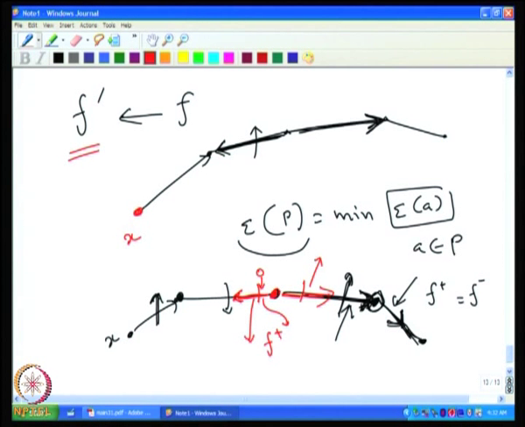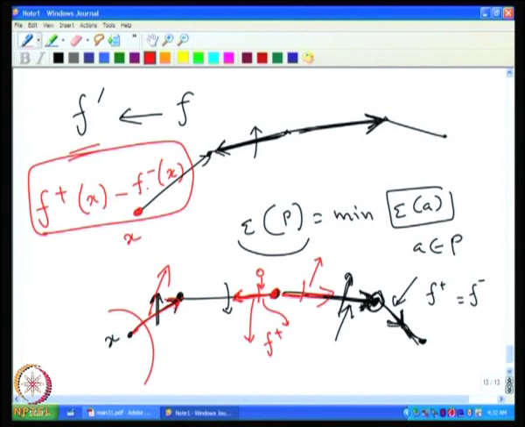Why is it so? Look at x. As far as this edge is concerned, it has got an increment if it is an outgoing edge. If it is an incoming edge, then it is reduced. So, overall f plus of x minus f minus of x will increase, and this is the flow value. If it was in the opposite direction, f minus got a reduction, and therefore the overall value will increase, or if it is in the forward direction, f plus will increase.